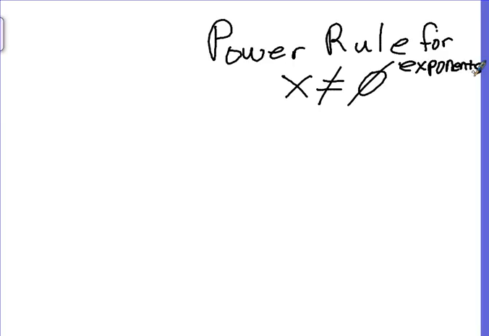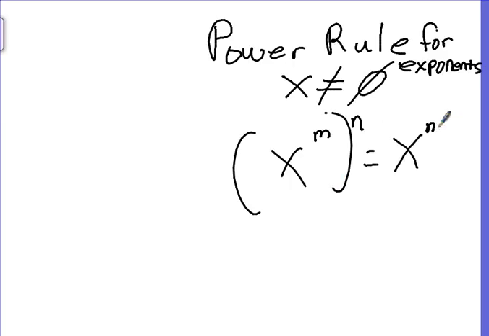The power rule for exponents, when x does not equal 0, because that's a big clue. X to the m, in parentheses, to the nth power equals x to the m times n. So instead of adding them, we're actually going to multiply them. And that's when you see the parentheses.